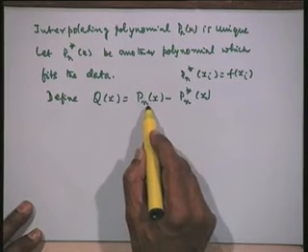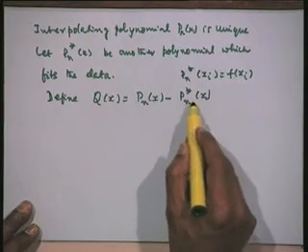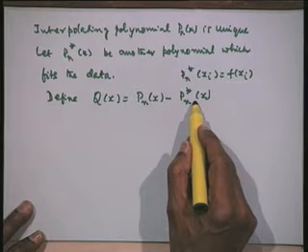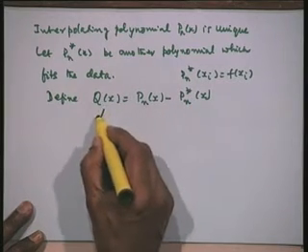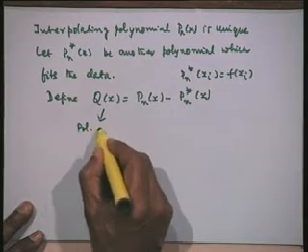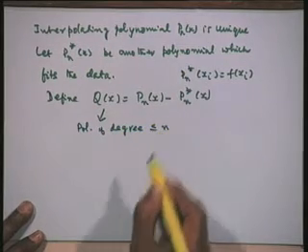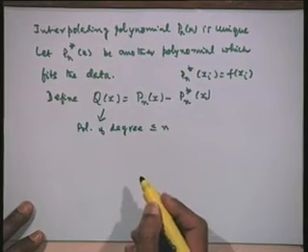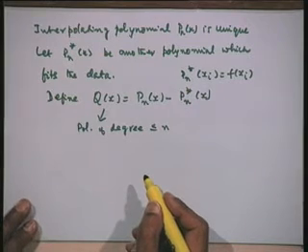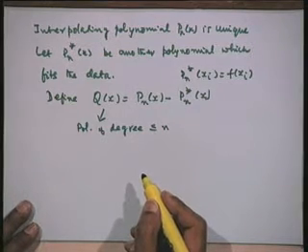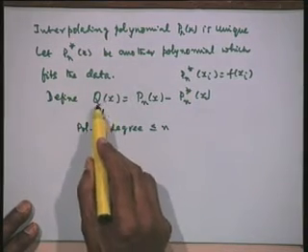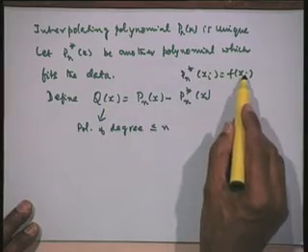Now, p n x is a polynomial of degree less than or equal to n, p n star x is also a polynomial of degree less than or equal to n. Therefore, q x is a polynomial of degree less than or equal to n. Now, let us see what happens for q x at these values x i.